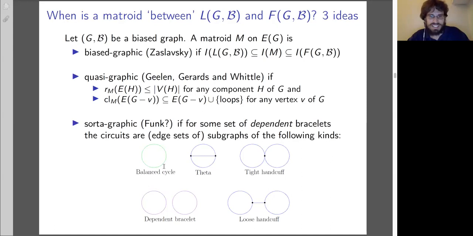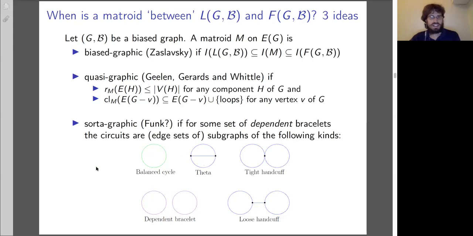So they should all be balanced cycles, or thetas, or tight handcuffs, or maybe some bracelets and maybe some loose handcuffs. To be a bit more precise, for each bracelet, we can either decide, yes, we want that to be a circuit, then we'll call that a dependent bracelet. Or for some bracelets, we'll say we don't want that to be a circuit, that'll be an independent bracelet, and then any way of completing that to a loose handcuff should give us a circuit.